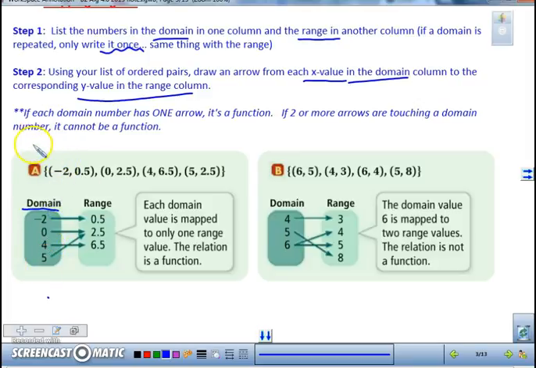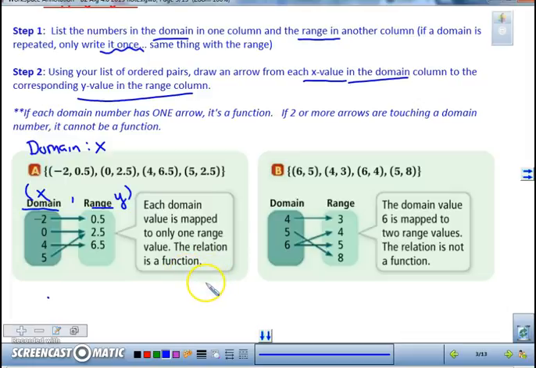Remember, domain is really the x when we are looking at an ordered pair. So the domain is our x values. When we are filling in the range, that is really our y values. So these are our x in our ordered pair, and the range is our y, okay? So this is how we're going to map it. This relation is a function.